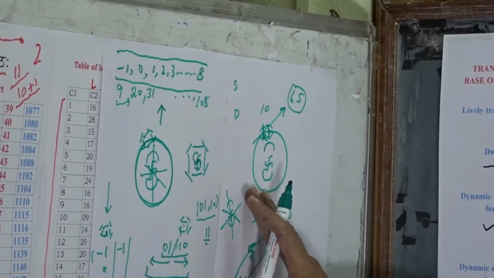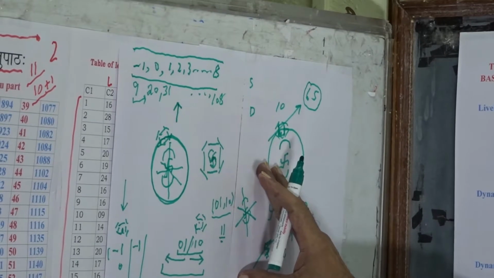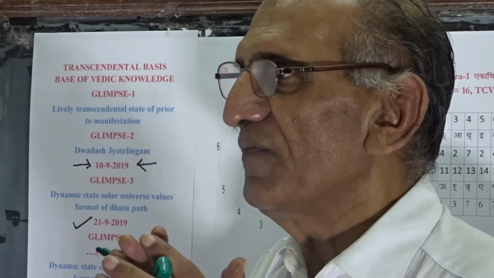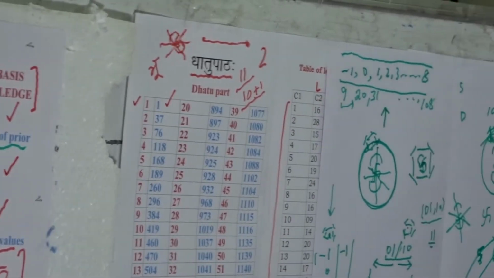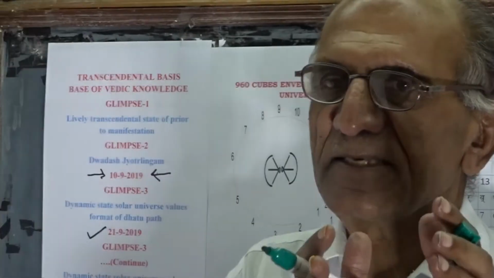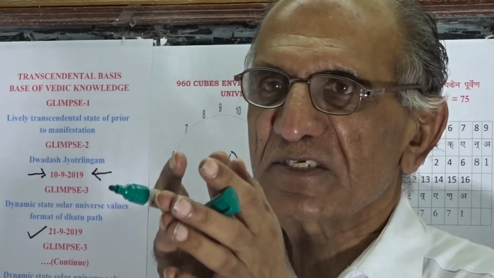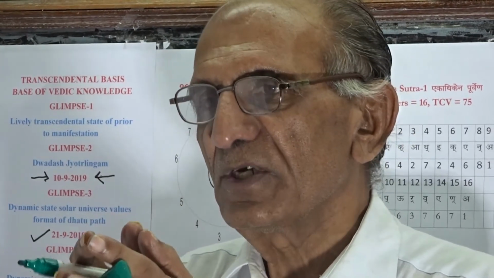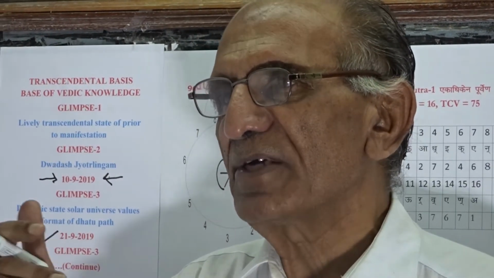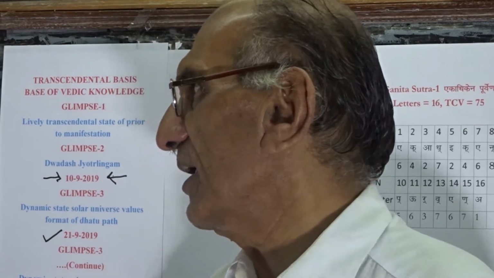Therefore, it is this phenomenon, it is this feature, it is this set of values, it is this format which is a lively format of the dhatu part. The dhatu part is a manifested state of values which in its dynamic state go transcendental.